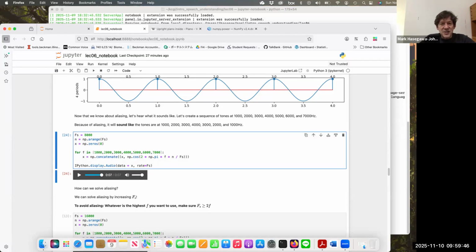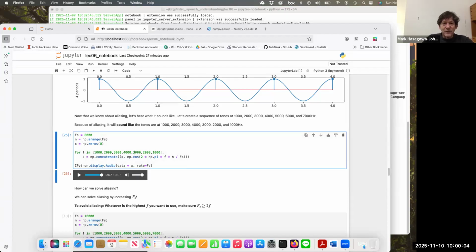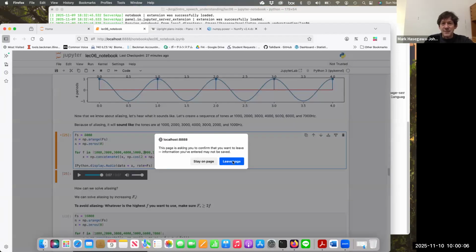Let me change this and show you that it's exactly the same. If I call it 1, 2, 3, 4, 3, 2, 1, it will sound the same. Right? It doesn't matter whether I call it 5,000 or 3,000, it's the same.